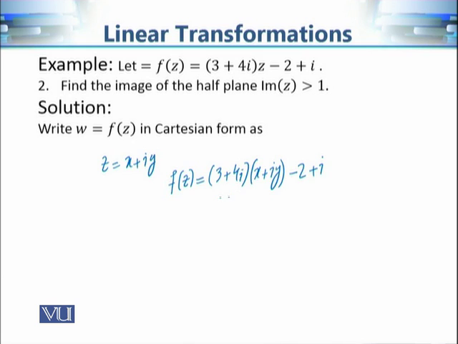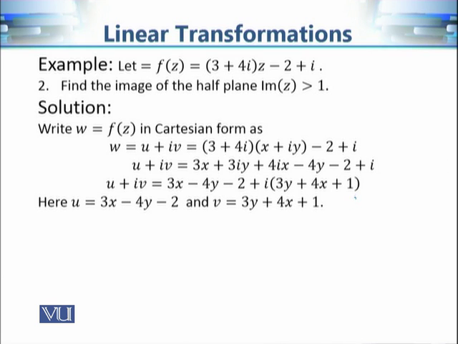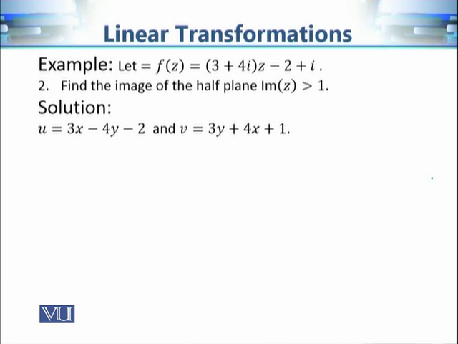Simplifying, we get that u is equal to 3x minus 4y minus 2, and the imaginary part is 3y plus 4x plus 1.